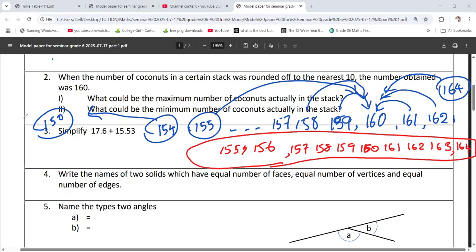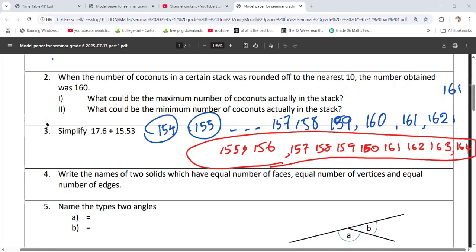Therefore, the maximum number of coconuts in this stack must be 164, right? The minimum number of coconuts actually in that stack will be 155, right? Within this range, everything will be rounded off to 160 when you round off to the nearest 10.